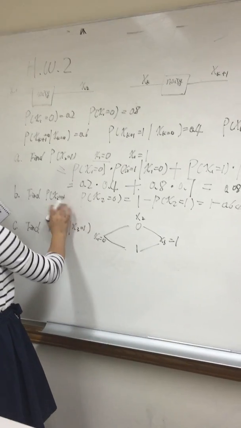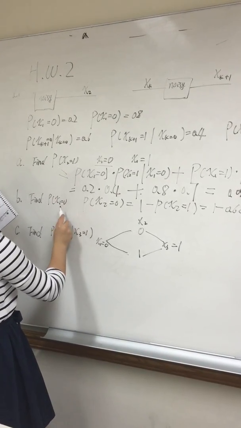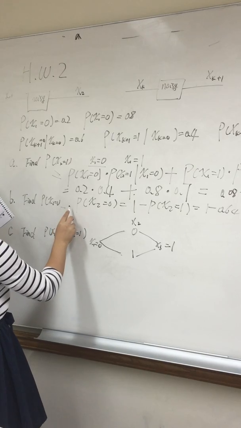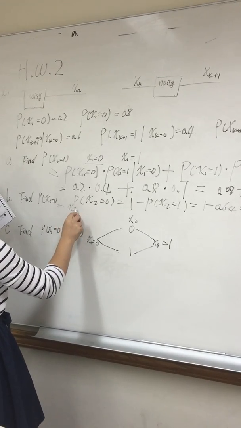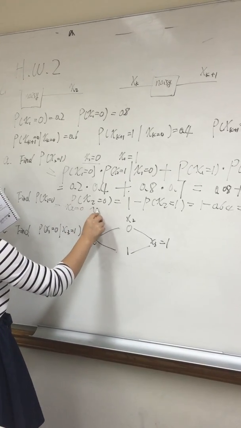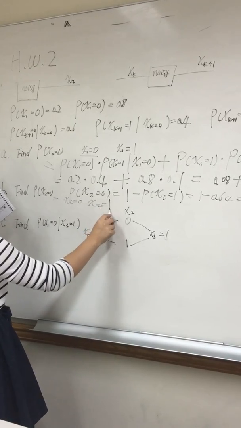Then it's just like the first question. It also has two kinds of probabilities, when x2 equals 0 and when x2 equals 1.